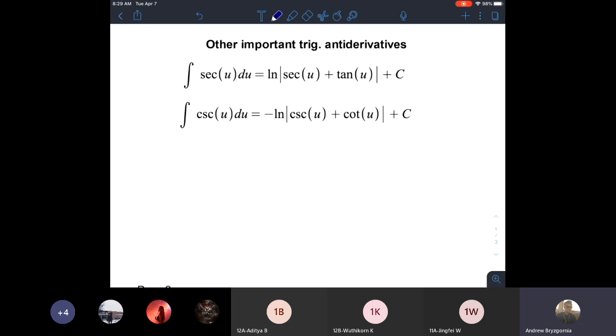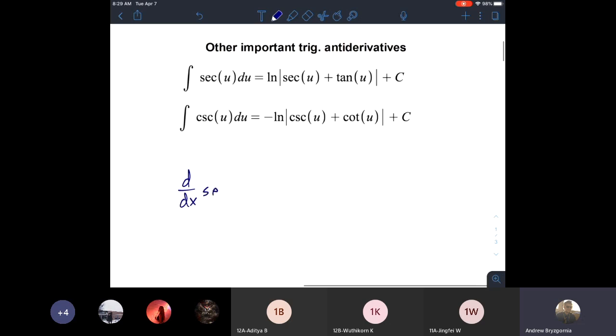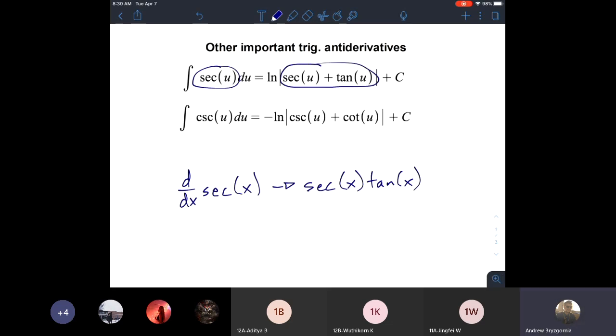And one thing that I've used to help myself remember is that I know that the derivative of secant is secant tangent. And I notice up here that when we integrate secant, we still end up with a secant tangent. It's just that the difference here is that we are going to be adding them together rather than multiplying. So that has been one way that I've been able to remember the antiderivative for secant.